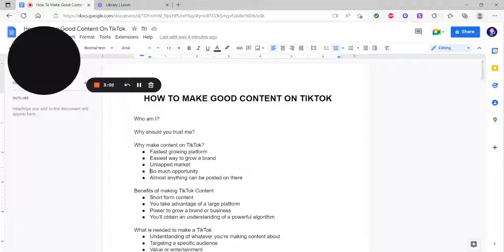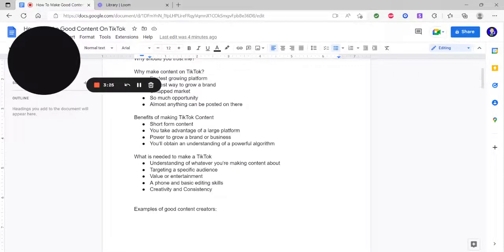And almost anything can be posted on there. Most topics you can think of are most likely on TikTok, whether you believe it or not. Trust me, if there's girls shaking their peaches on TikTok, there's guaranteed some niche that you're in that's definitely big on TikTok. So here are some benefits of making content on TikTok.